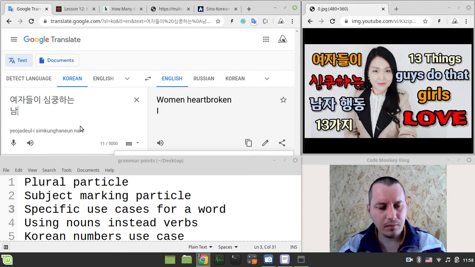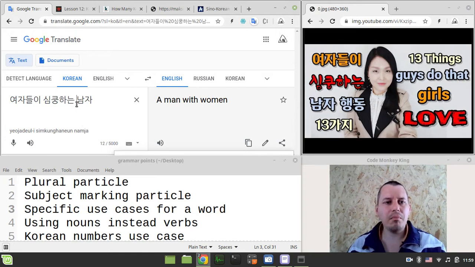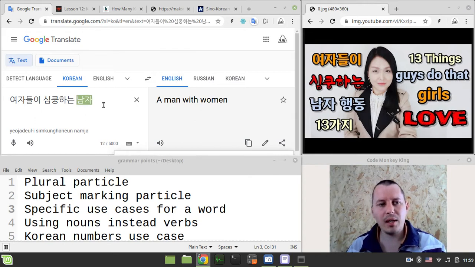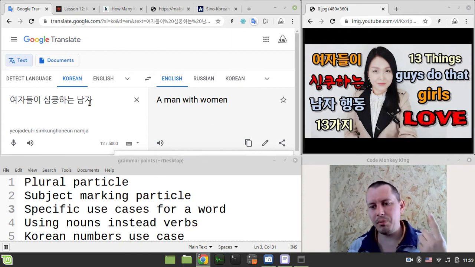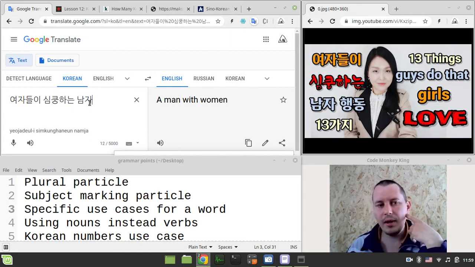But bearing the context in mind, we understand that it's about both women and men in plural. However, here is another hidden grammar point that I didn't include here, but it's also implicitly available.